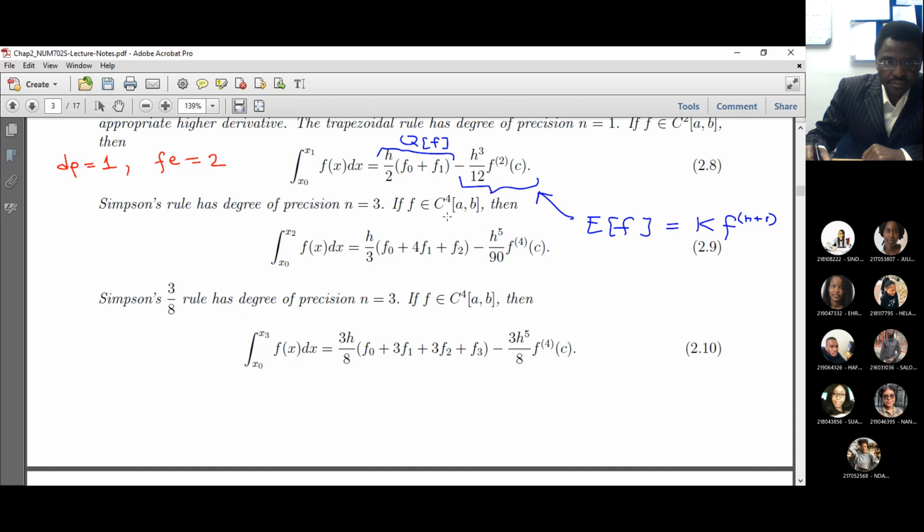For Simpson's rule, degree of precision 3, function evaluations 3. For Simpson's 3/8 rule, degree of precision 3, function evaluations 4.